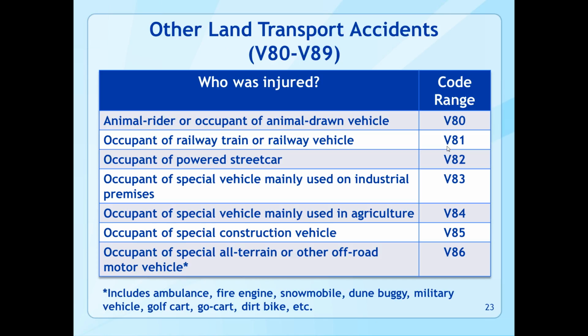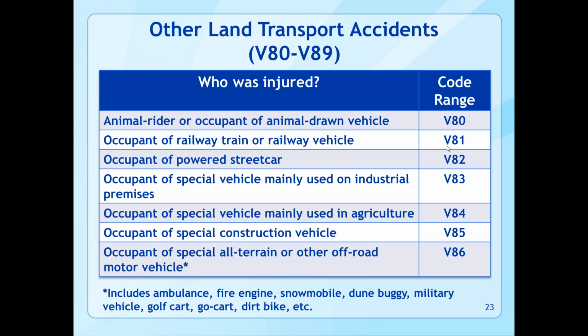So while we've covered many of the routine traffic crash types of events, I also want to mention that there are specific codes for special types of vehicles. And this table shows the code range for some of them. So there are particular codes for injuries resulting from animals being ridden, railway trains, powered streetcars, vehicles used mainly on industrial premises.